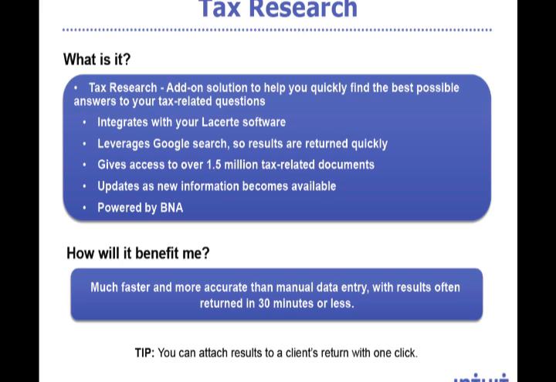So based on what input screen you are in, it will give you some suggestions of different articles, and then, of course, you can search that. With the search, we've started working with the Google search engine to make searching within the tax research program a lot easier and a lot more effective.